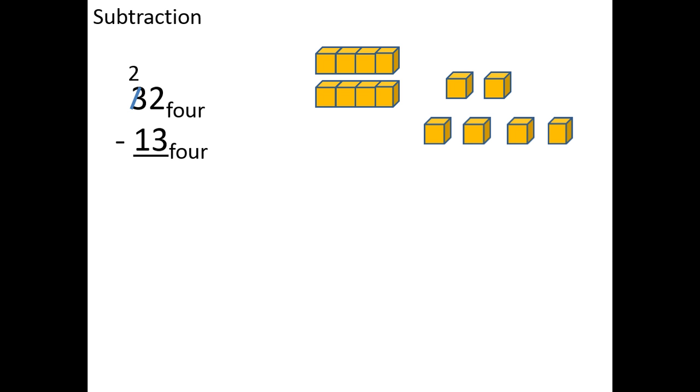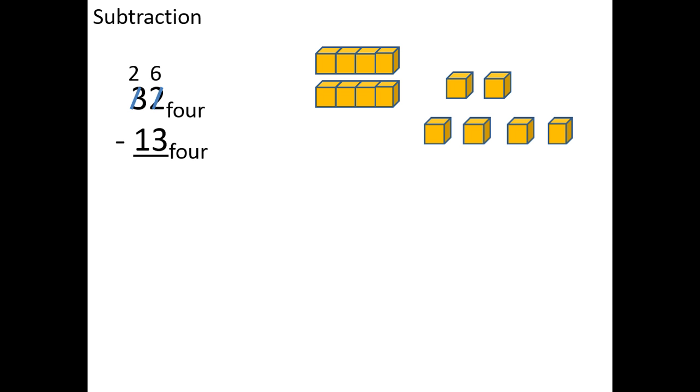Now, how are we going to deal with that when we're just writing this down with numbers? Well, we're going to say we took one of those groups of 4 away. We broke it up into 4. And we added that to the 2 ones we had already, and here's the concession to your base 10 brain. That gives us 6 ones.